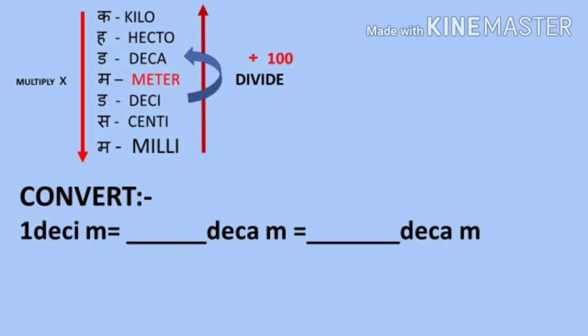Now you have to convert decimeter into decameter. For this, you have to go up from decimeter to decameter. 2 steps up you have to go, so you will divide it by 10 squared, means divided by 100. So 1 decimeter is equal to 1 by 100 decameter, or 0.01 decameter.